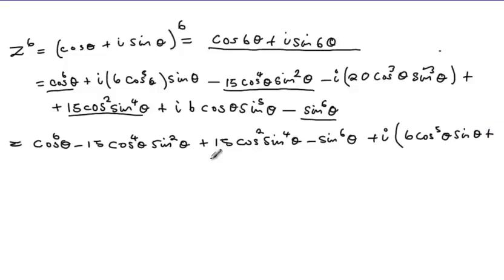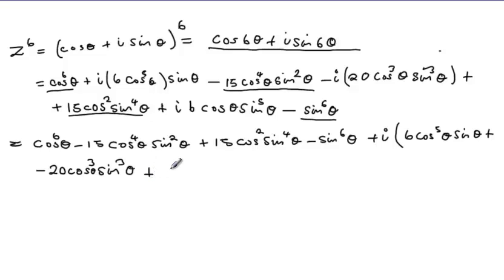Plus, which I continue this way, plus the negative 20. So let's just say minus 20, minus 20 cos power 3 sine 3. And what next?